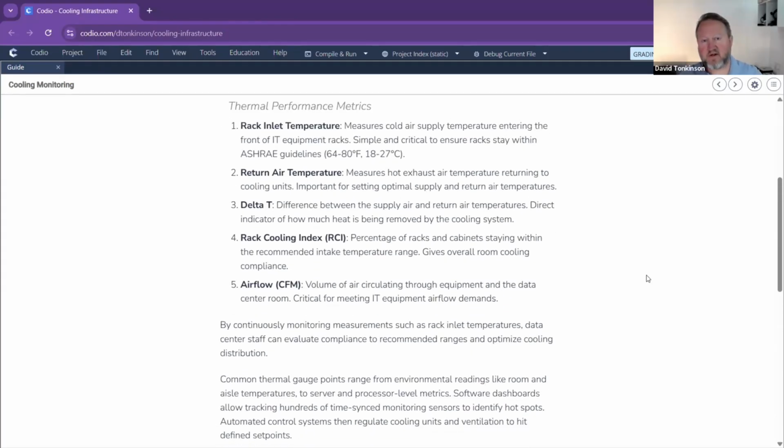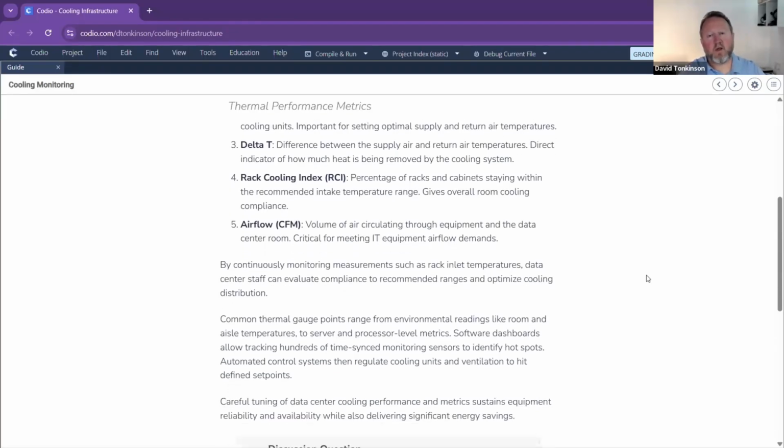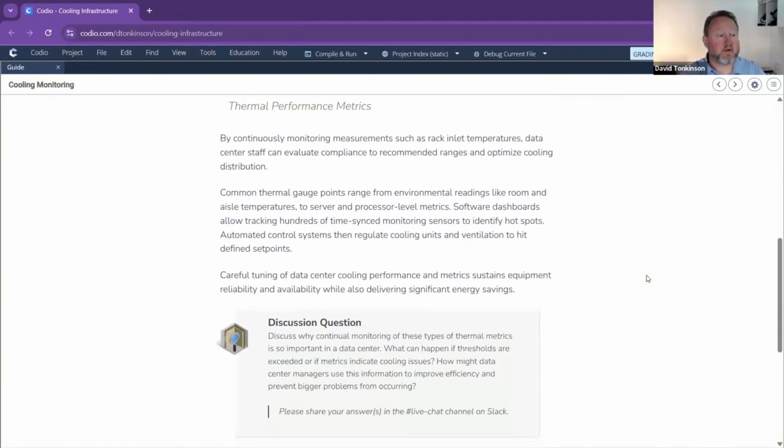And then we throw one more metric in, which is our airflow, the volume of air circulating through the equipment in the data center. These are important because by continuously monitoring these, we can make small changes to systems to improve our performance. For example, if you have a set of racks that's empty, you don't want to be continuously blowing cold air into those and doing nothing with it.